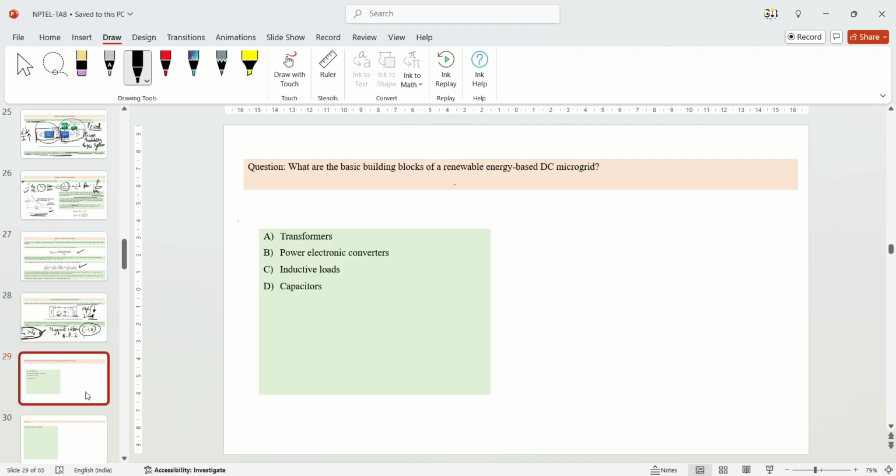Okay, based upon that, I have one question related to that. What are the basic building blocks of a renewable energy based DC microgrid? This is a kind of easy question.